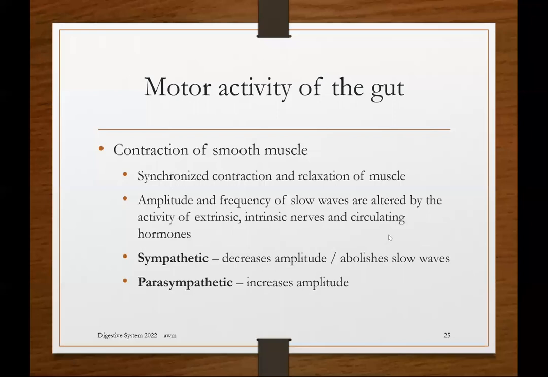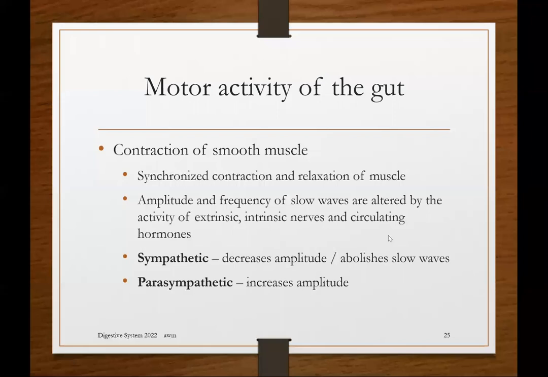Now, the amplitude and the frequency of slow waves are altered by input from extrinsic nerves, other intrinsic nerves, the enteric nervous system, and also the circulating hormones, which we mentioned earlier.